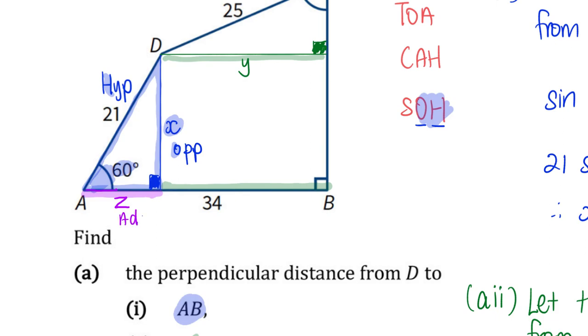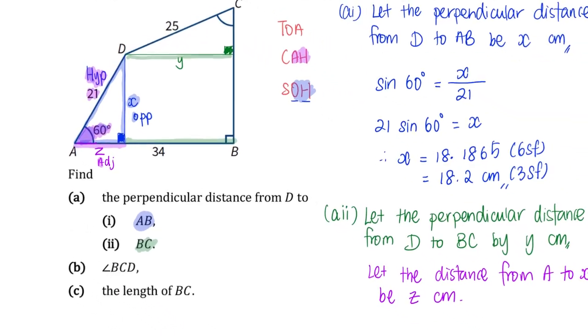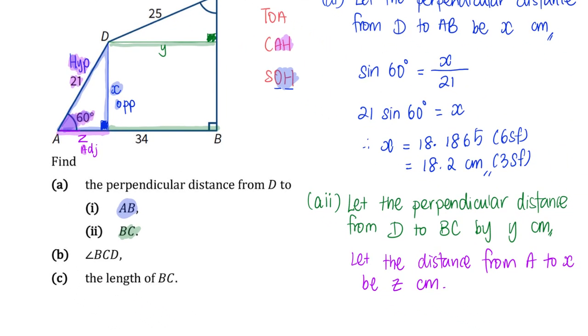will be my adjacent side. And with hypo, A and H, I'm going to tap on my cosine 60 degree. Okay, so cosine 60 degree.